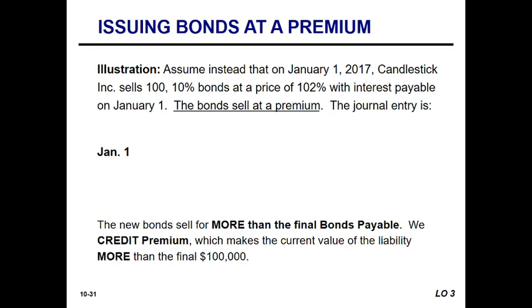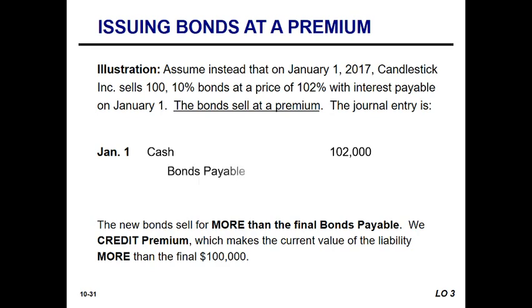So with that, we take the amount of them. There's 100 bonds times $1,000 times 1.02, 102%. That gives us $102,000 in cash received. We will only be paying at maturity $100,000 out because we have to pay out the face value.